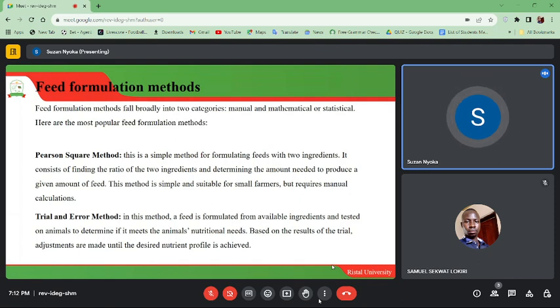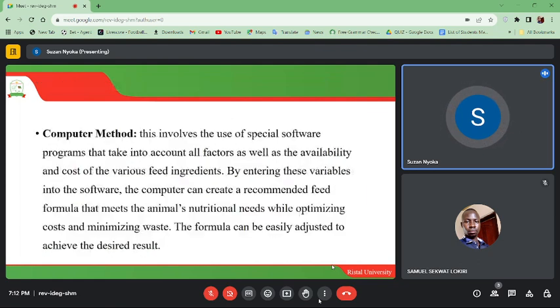You form a feed formula from the available nutrients and test it on the animals. If there's improvement in the desired qualities, you can continue. If there's no improvement, you continue getting more available nutrients and mixing them up to ensure that the desired quality is met.